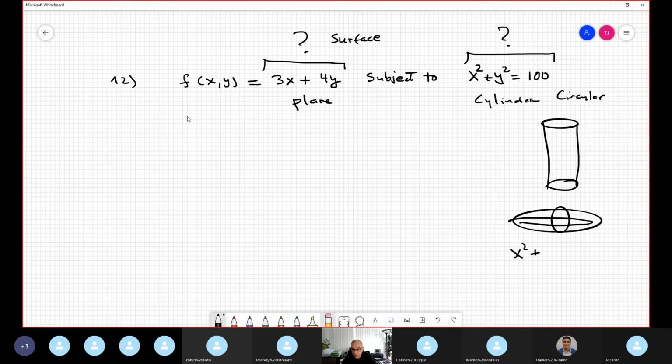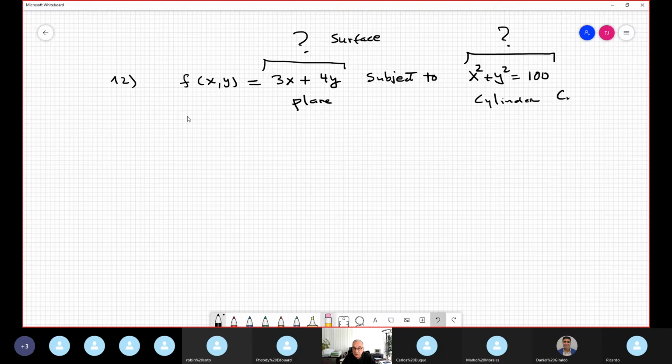Because x squared plus y squared plus z squared equals something is an ellipsoid. But z is missing. When one variable is missing, the surface we are talking about is a cylinder extending along the z-axis, the variable that is missing.